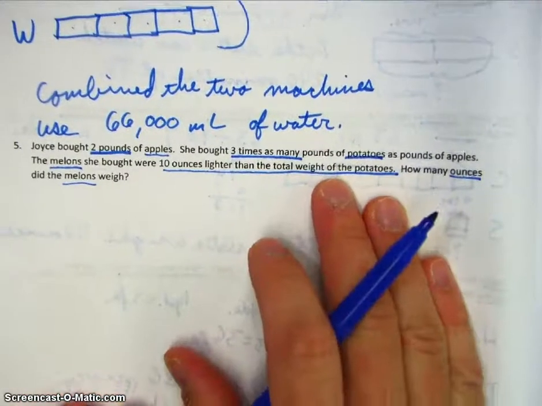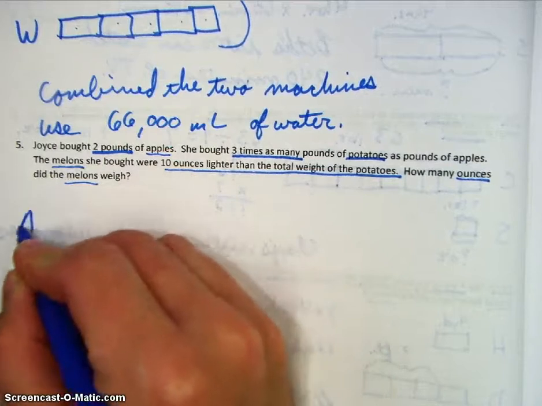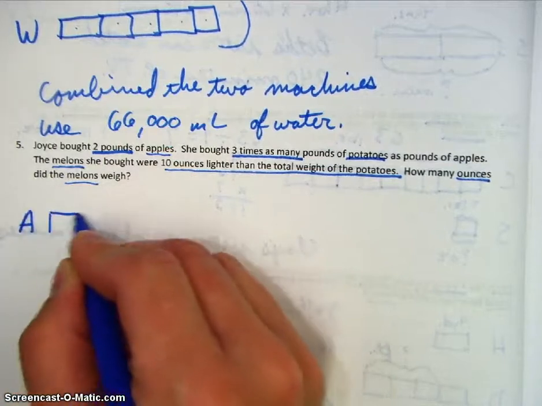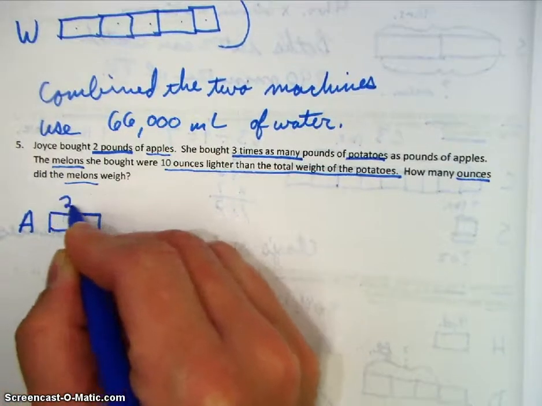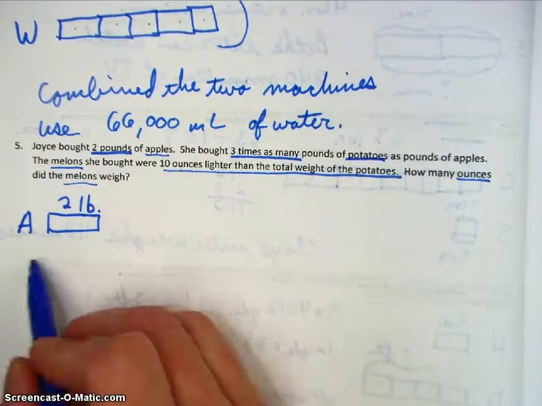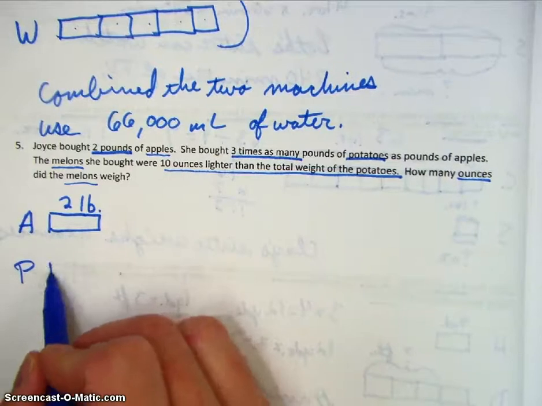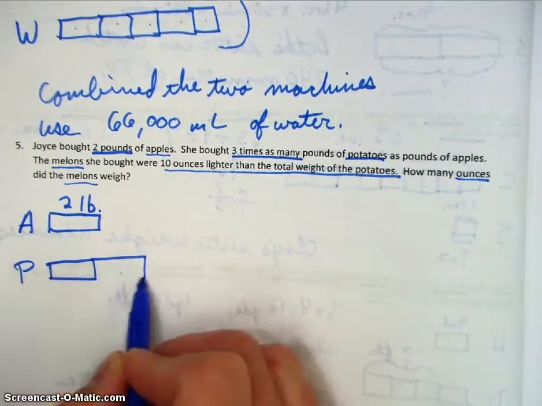So let's break it up into small pieces. First up we have the apples, and the apples are 2 pounds. Now the potatoes are 3 times as many as the apples, so we have 3 of these.